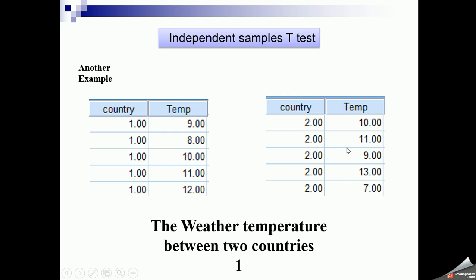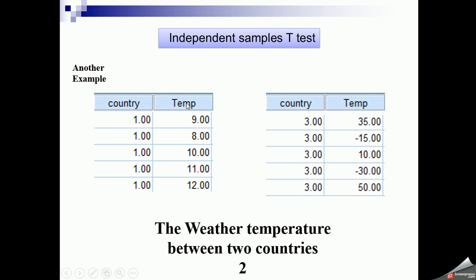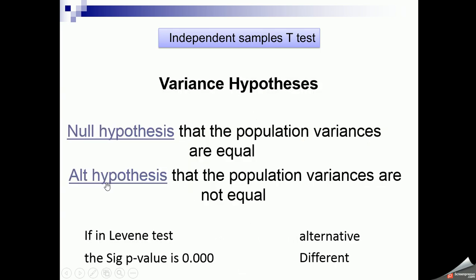Here we can find that this test can give us that the variances are equal, so we can take H0, and this one can give us H1. The alternative hypothesis: the population variances are not equal, they are different. The test for that is called the Levene test. If the significant value is less than 0.05, then they are different.